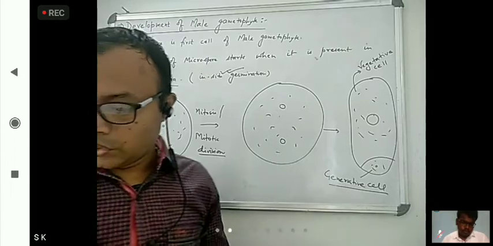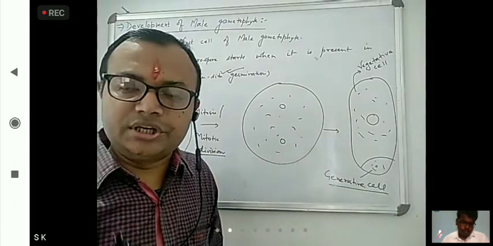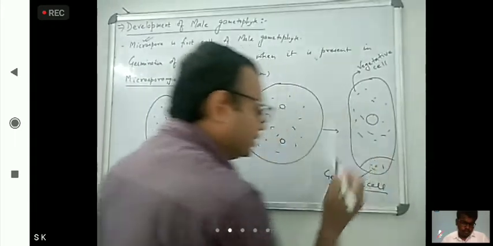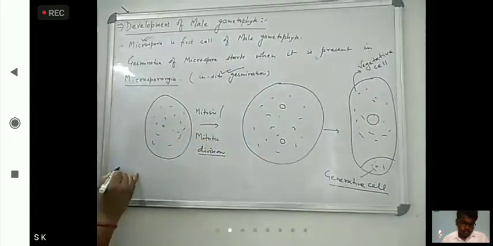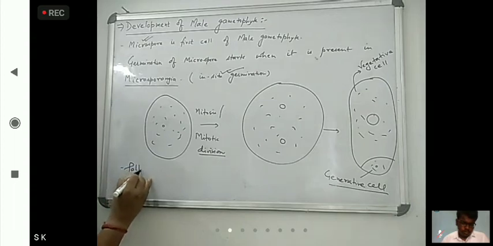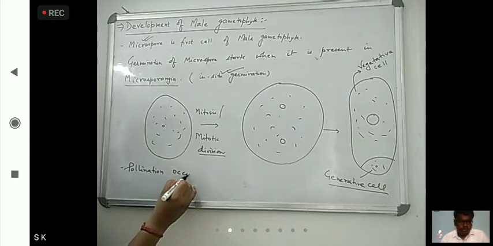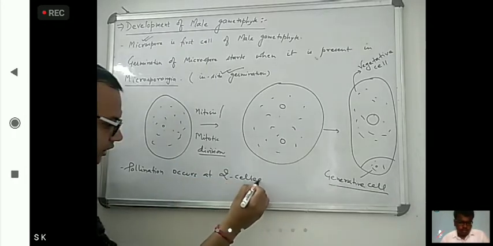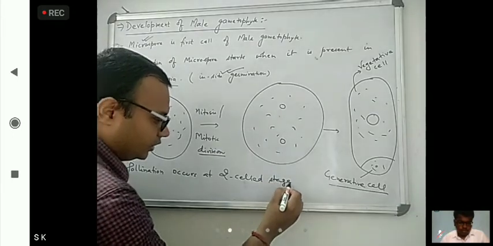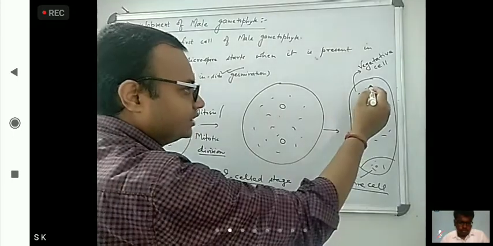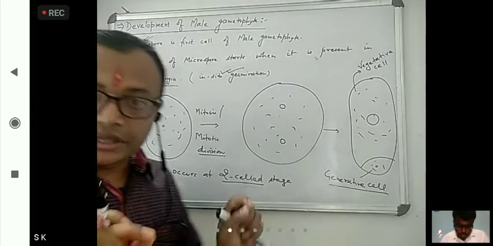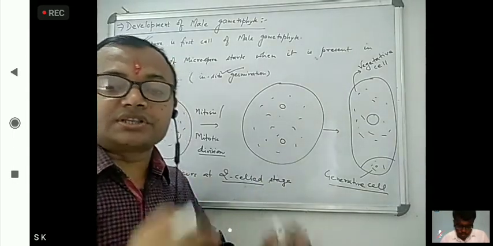Now, pollination takes place at this two-celled stage. Pollination occurs at the two-celled stage, where one is the vegetative cell and one is the generative cell, in 60% of flowering plants.